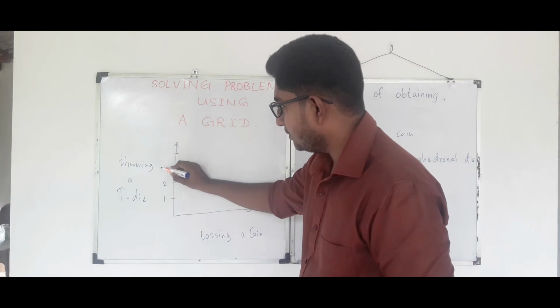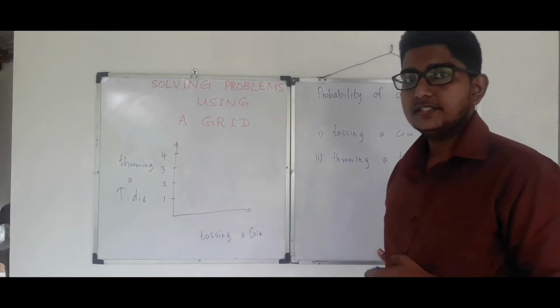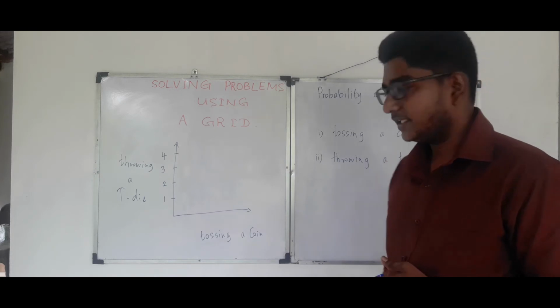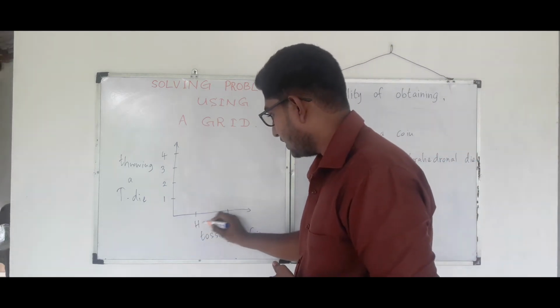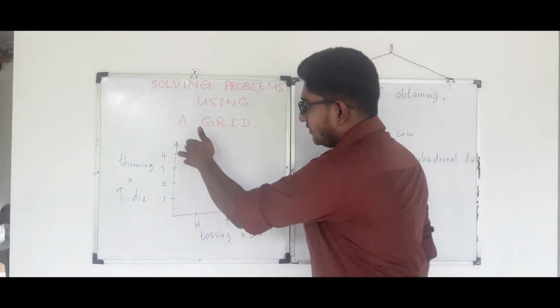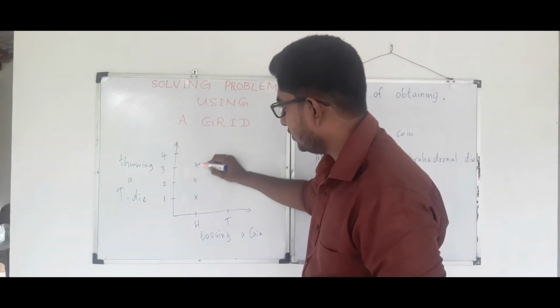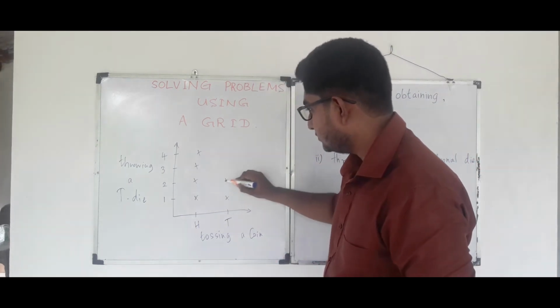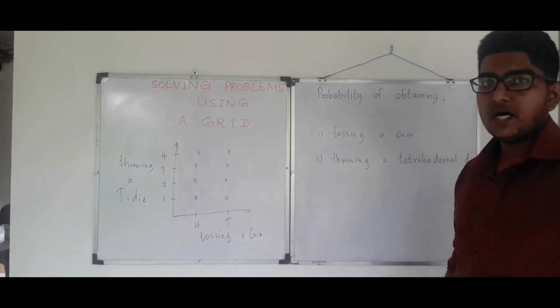Obtaining numbers from 1 to 4 because a tetrahedron is a solid having only 4 sides. Tossing a coin, you can have either heads or tails. For each and every value in the xy axis we have to mark their coordinates. Here we have altogether 8 crosses marked.